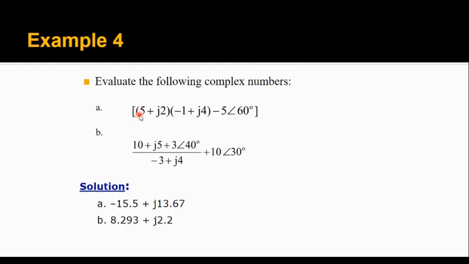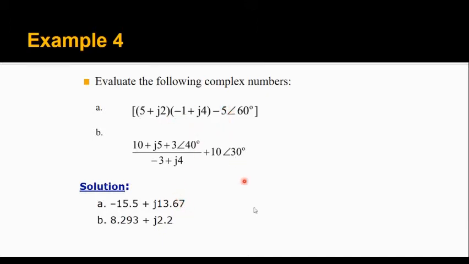But since we are applying this on your calculator, you just key it into your calculator. So you can do it like this: 5 plus j2, times minus 1 plus j4, and minus 5 with the angle of 60 degrees. From here, you should be able to get solution A: minus 15.5 plus j13.67.